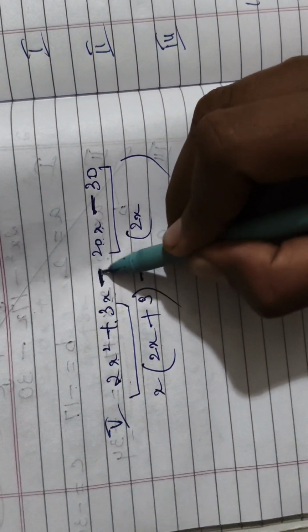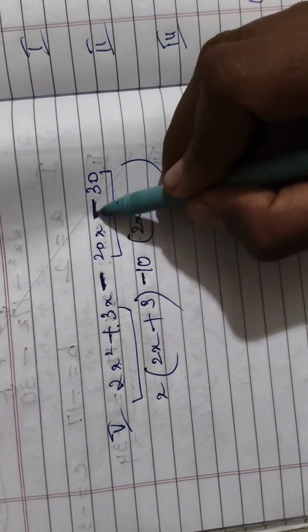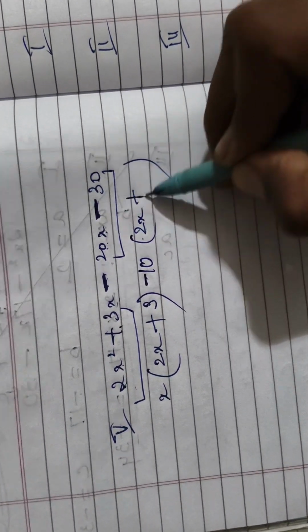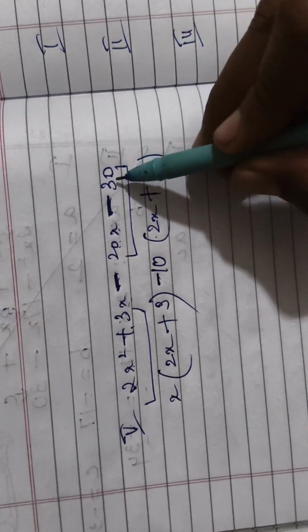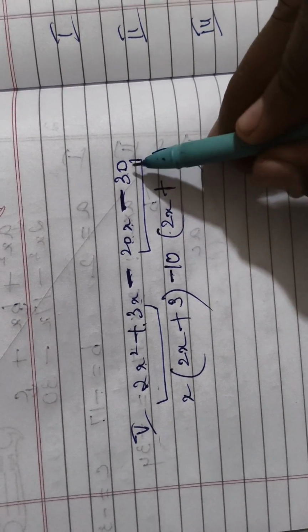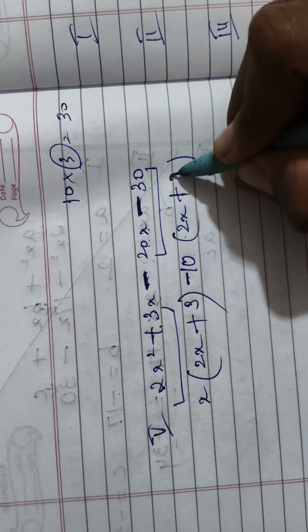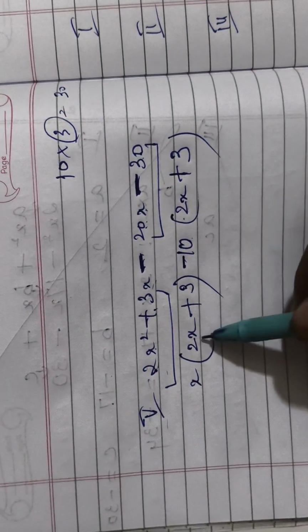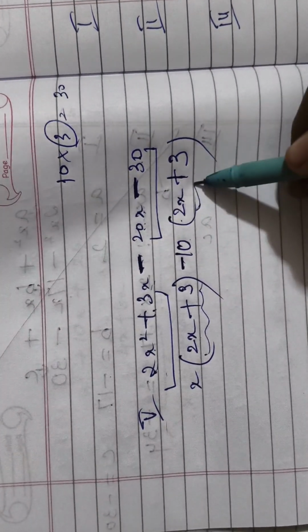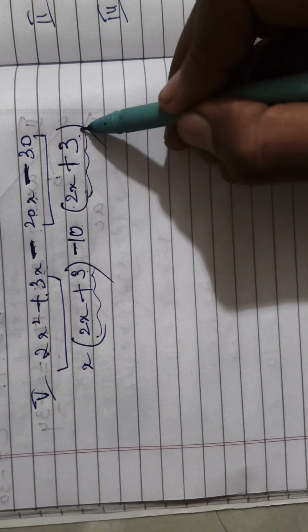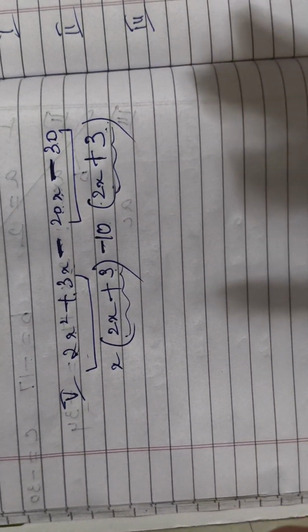For example, this is minus, it has become plus here. This is minus, it will become a plus here. Now 30, how many times is 10 in 30? 10 threes are 30. So I will write the 3 here. Can you see I got the same thing inside? 2x plus 3, 2x plus 3. So my factorization is correct.